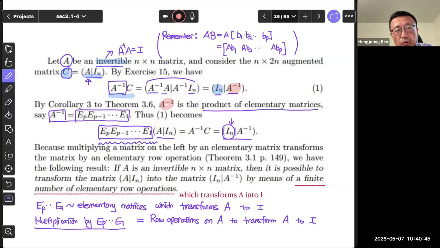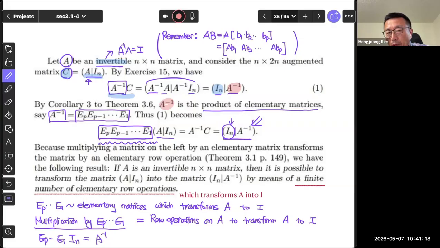Now what is the next part? The multiplication by this elementary matrix to the identity matrix will become the inverse of A. Given A, I know how to transform A to the identity matrix.